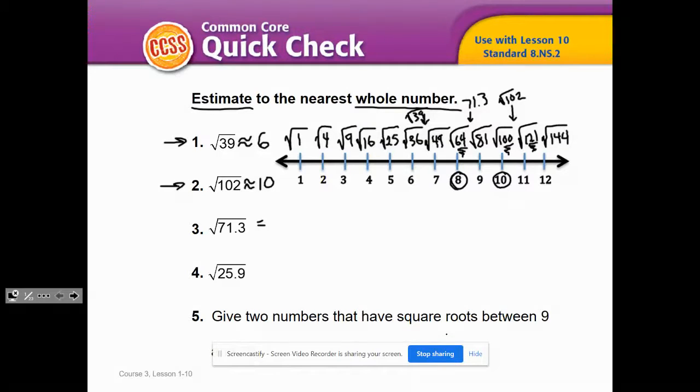The answer is going to be closer to 8 than 9. Oops, I put equals. I should put approximately equal to 8.